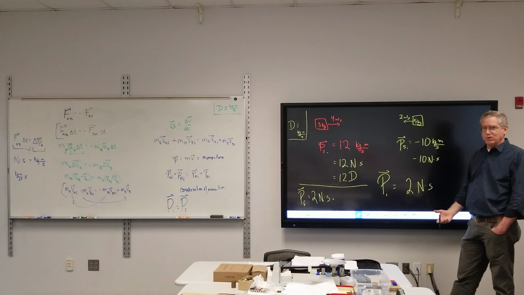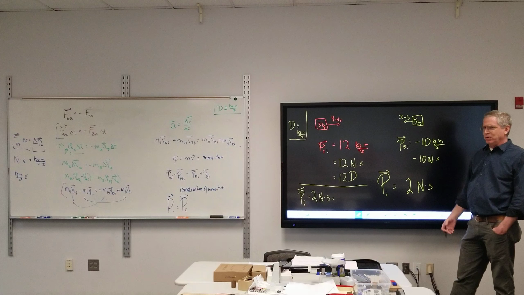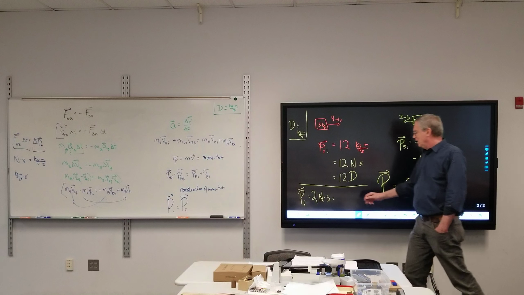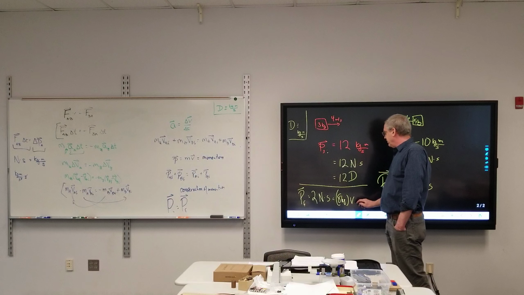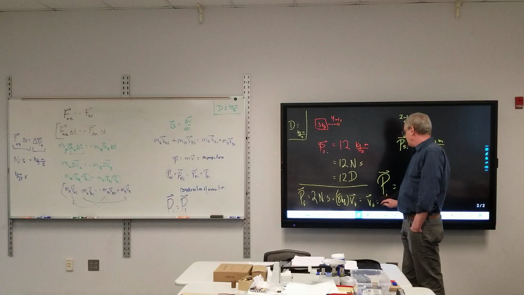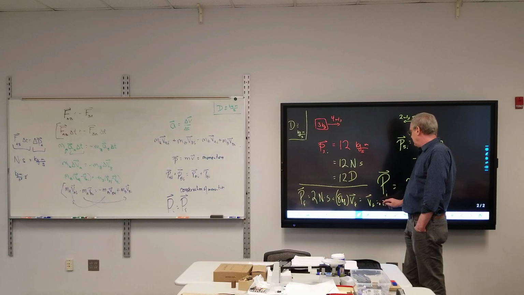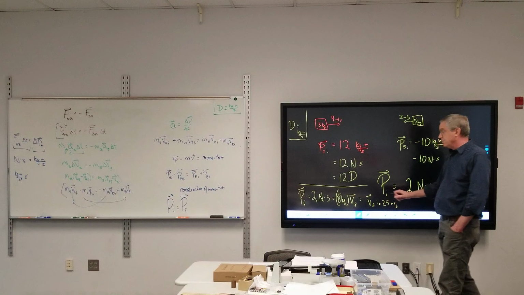Where else would the mass go? If the mass went somewhere else, we'd suddenly deal with a much more complicated problem. Then they hit and explode. So 8 kilograms times the final velocity. And so my final velocity, 0.25 meters per second. It is positive, which means that they will collide and move to the right.